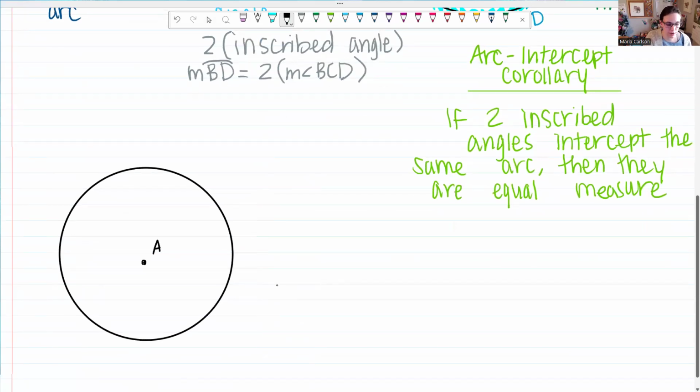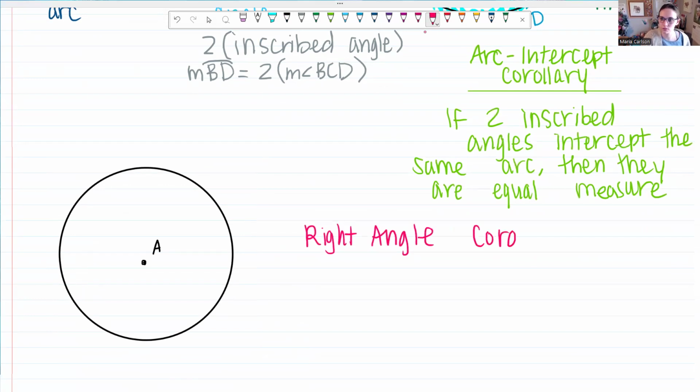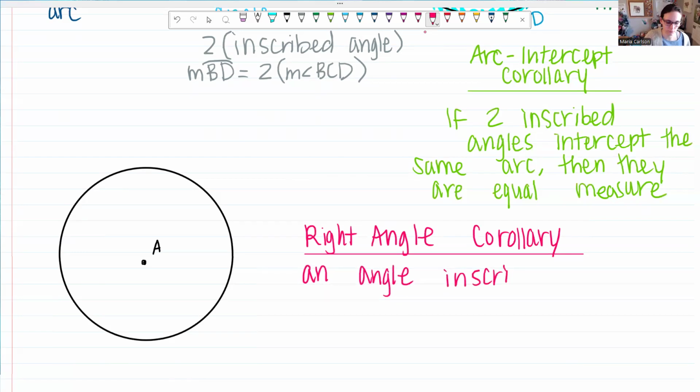And first I want to talk about the right angle corollary. So let's write that out. Right angle corollary. And the right angle corollary really just states that an angle inscribed in a semicircle is a right angle.